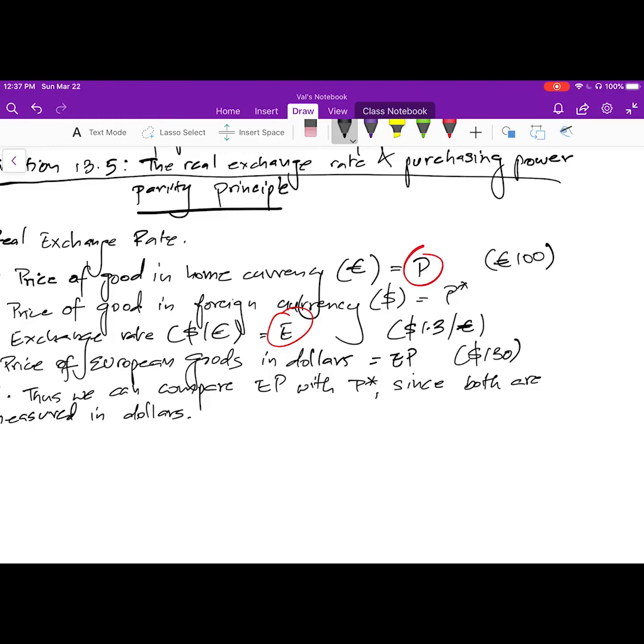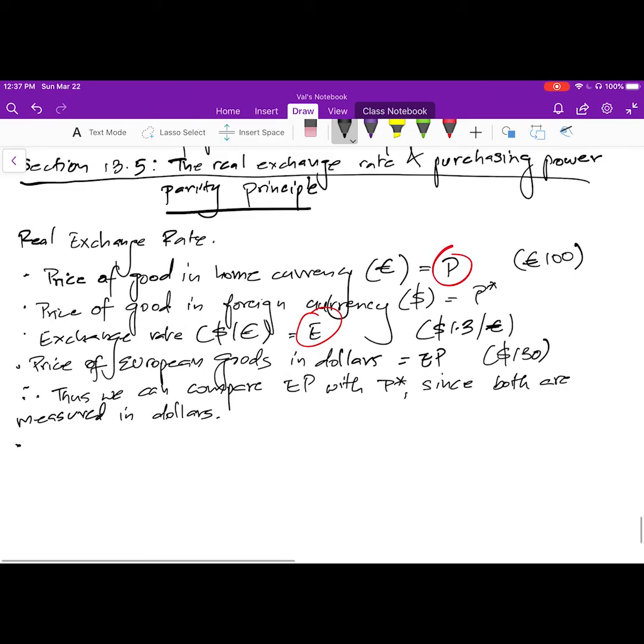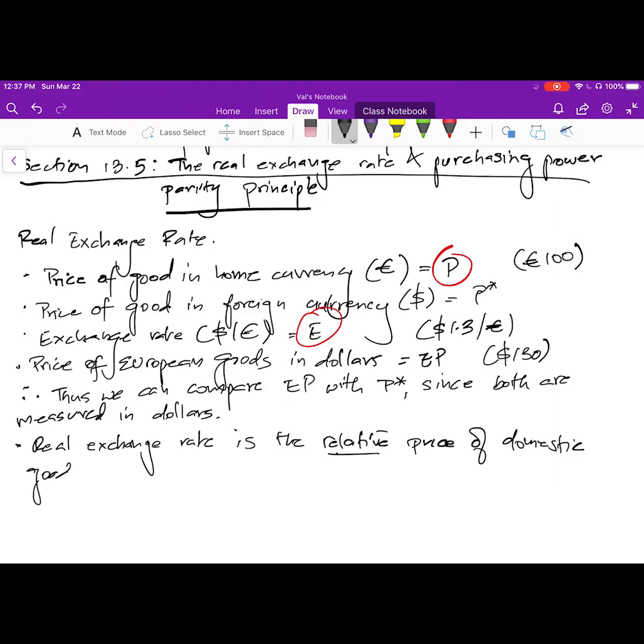So now let's make some observations about real exchange rate. Real exchange rate is the relative price of domestic goods with respect to foreign goods.